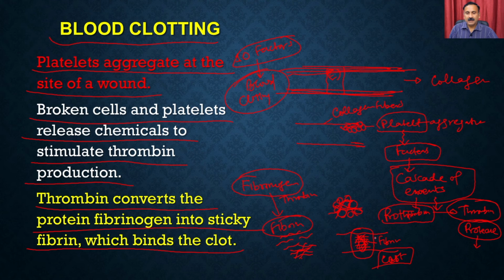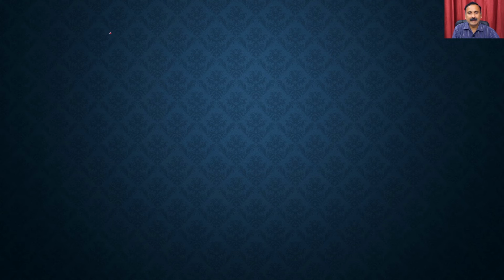So these are some of the crucial components we have discussed that are present in the blood, right. In the blood we have the plasma, the RBCs, the WBCs, and the platelets, and we have discussed the functions of each individual component.